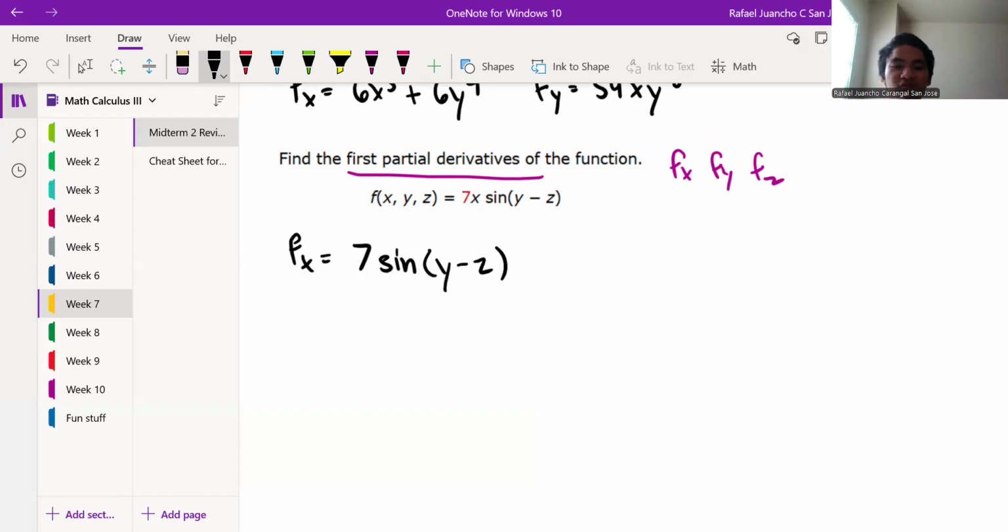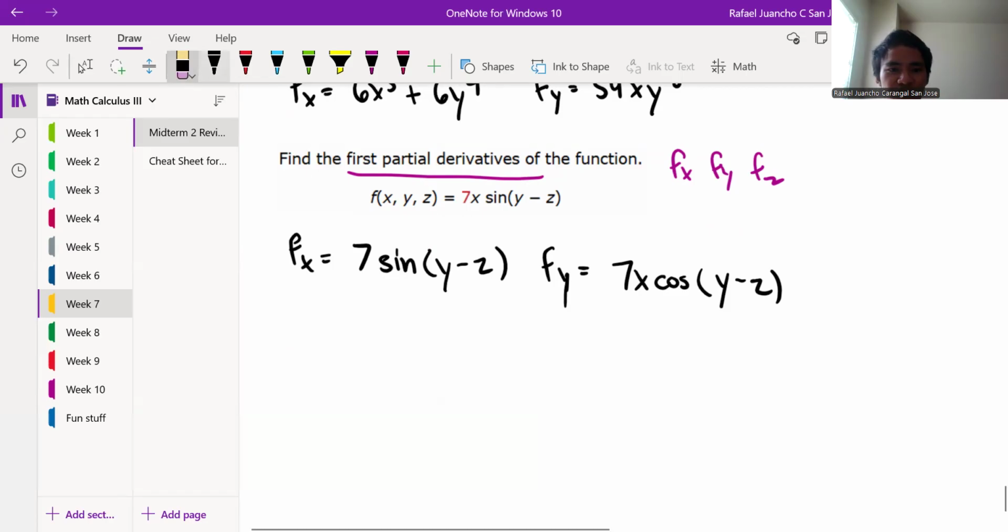So if I take the derivative of x, that's just that. For f sub y, I treat y as the variable, and everything else is a constant. So I leave my 7x alone. This sine, I make it a cosine. This one gives me y minus z. And then I take the chain rule of this. So I get a 0 and I get 1. So I'm actually just left with that.